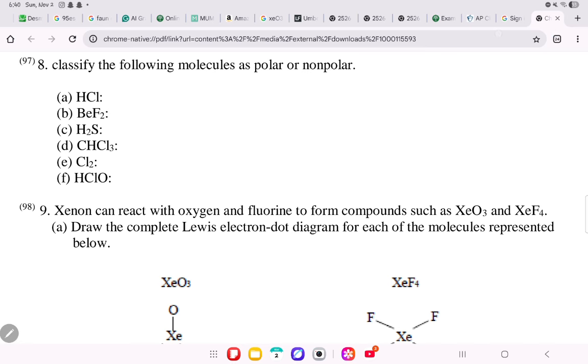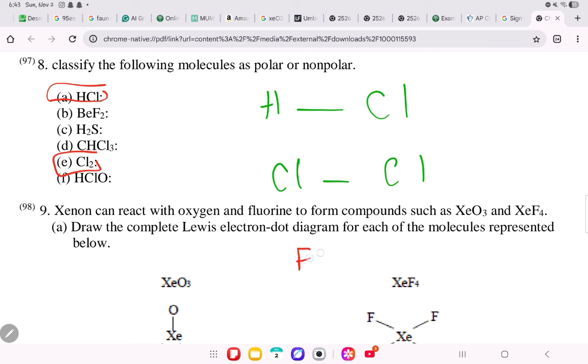Okay, so for HCl and Cl2, there's a different way to state whether it's polar or non-polar. For BeF2, H2S, CHCl3, HClO, we need to see their shapes. Now, for HCl and Cl2, H–Cl, single bond, Cl–Cl. Of course, going from HCl, we need to compare Cl and H. They're very far from each other.